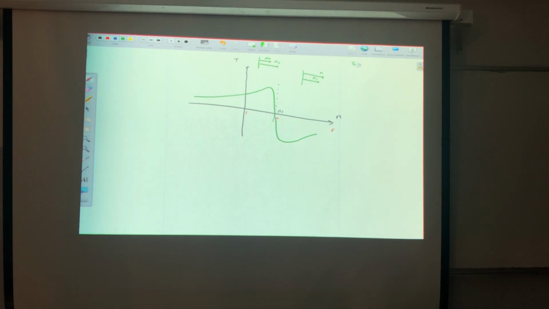And the slip is equal to what? NS minus NR over NS. So here the slip is positive from 1 to what? To 0. And here negative, from 0 to where? From 0 to minus 1, correct? To minus 1.